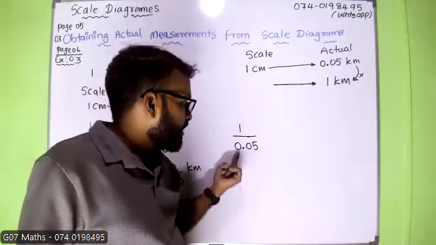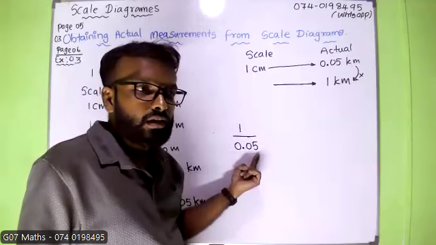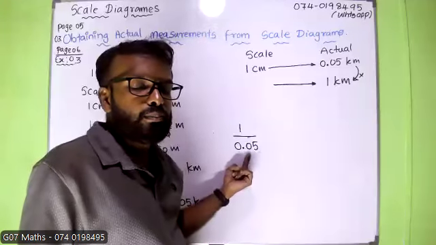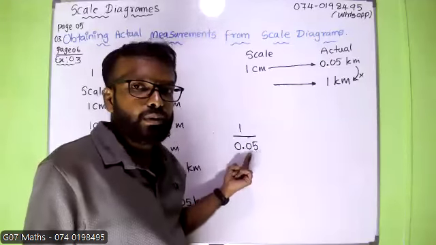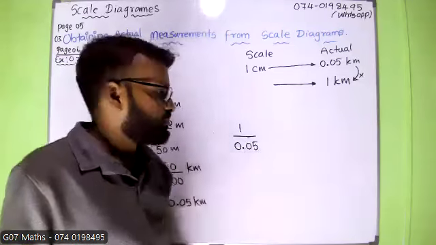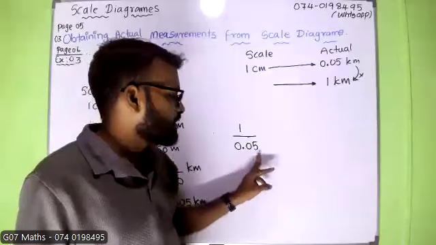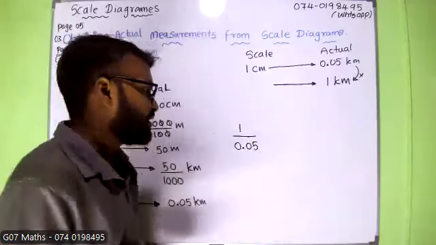If you have a decimal number in the denominator, how do you convert this decimal number into a whole number? Because here you have two decimal places, 0.05.